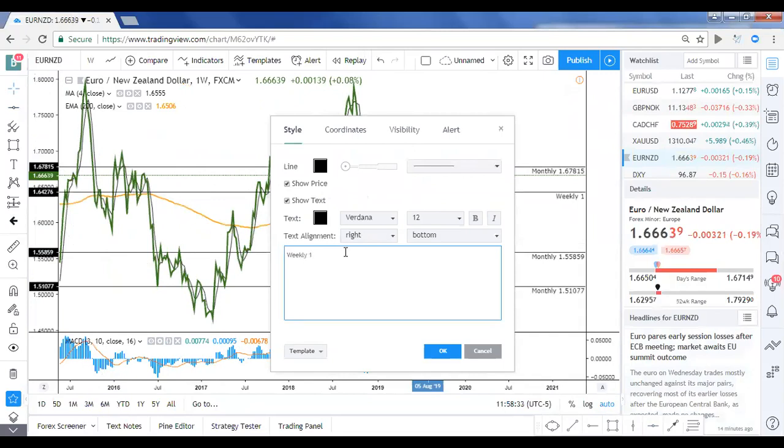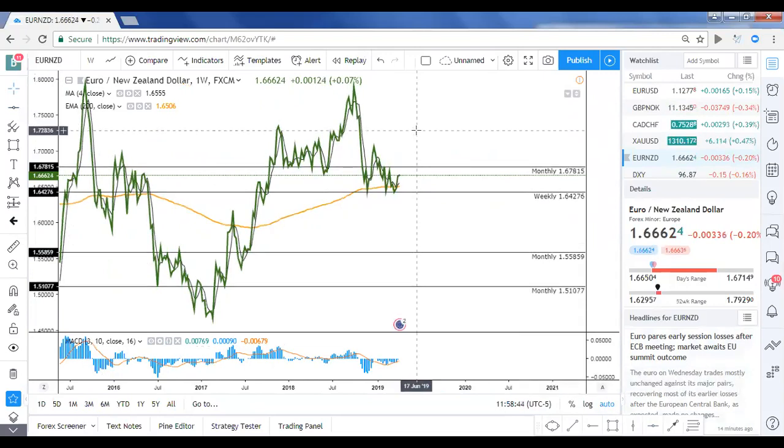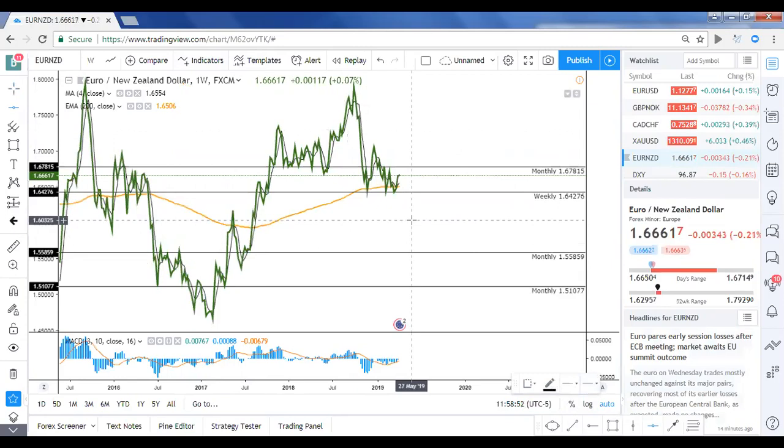164276, right? 164276 is our weekly. It's really good to have about 2 levels, 3 levels, or whatever for your key levels for monthly, weekly, and daily.